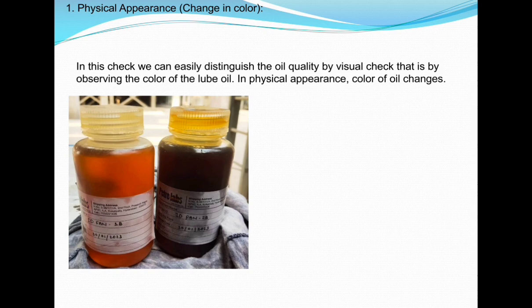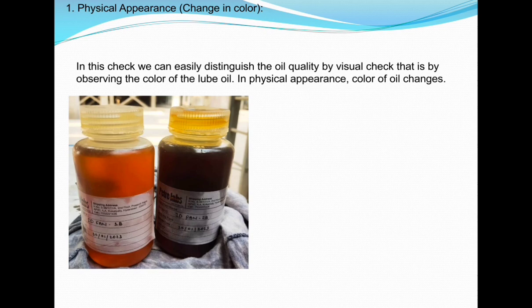Color change: you see, this is a viscosity grade 32 oil, and the new oil color is slightly pinkish. However, this is the old oil, it is blackish, gray in color. So there is a huge difference. If it is engine oil, it is recommended to change the oil right away.